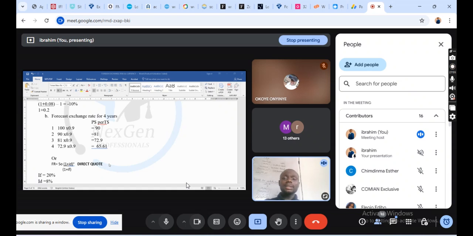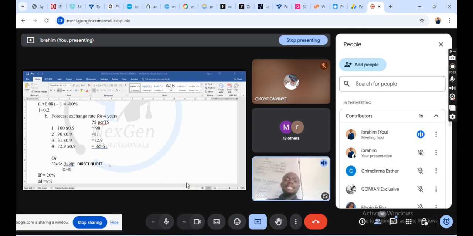Go with the one that has the number of years. So if it is a direct quote, the formula will change, right? For the forward rate, the usual is S0, the spot rate, times 1 plus IF divided by 1 plus ID, raised to the power of the number of years. That one is indirect, right?